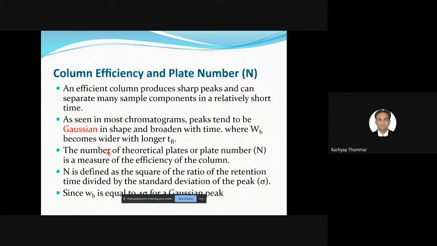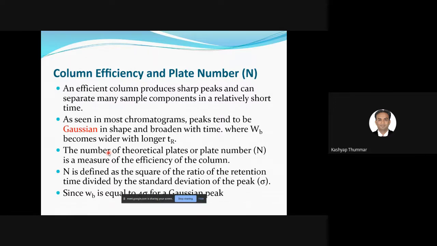Okay, so after the separation factor or selectivity, we have a few more terms like column efficiency and plate numbers. An efficient column produces sharp peaks and can separate many sample components in a relatively short time. What does efficient column mean? Efficient column means a good column.